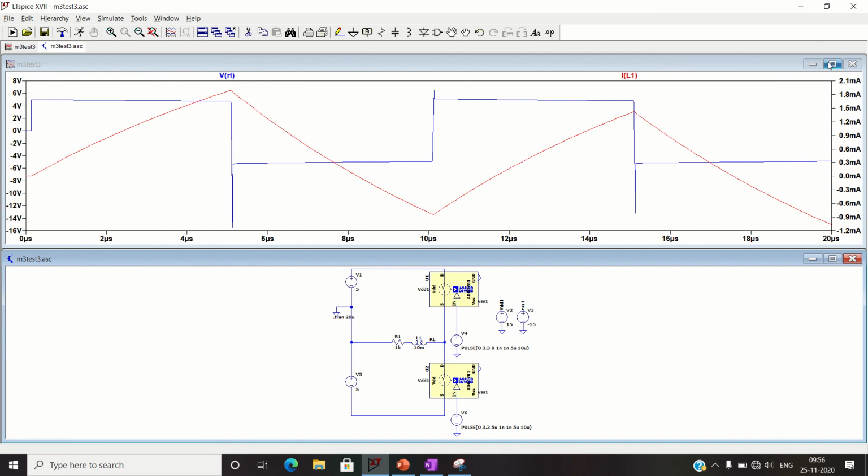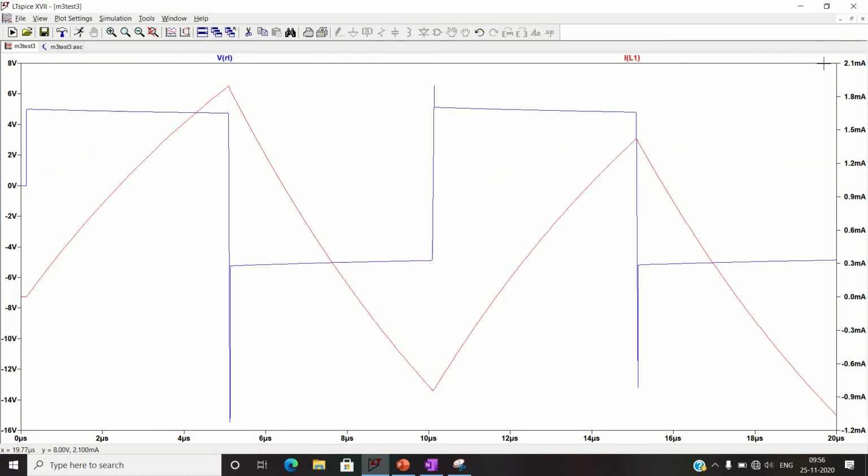Okay, so I will just expand this. If you see this blue color line, this is the voltage across my RL. So this voltage is a square wave.